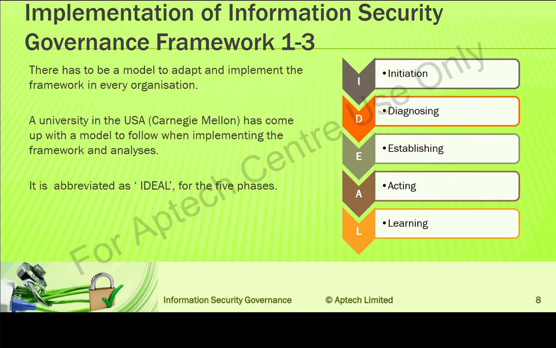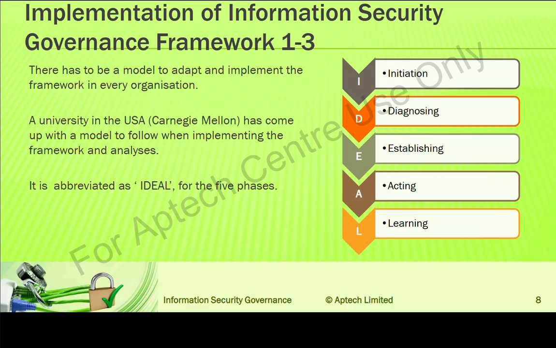Now let's talk about implementation of the information security governance framework. Number one is initiation. Number two is diagnosing, number three is establishing, number four is acting, number five is learning. There has to be a model to adapt and implement the framework in every organization.